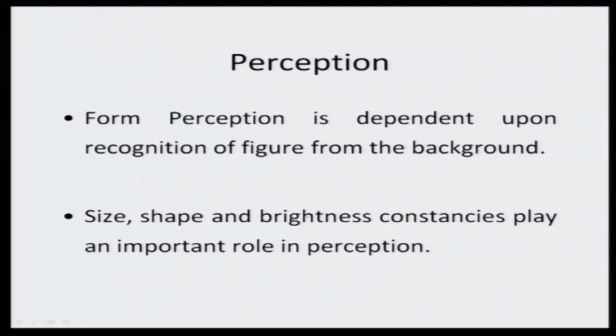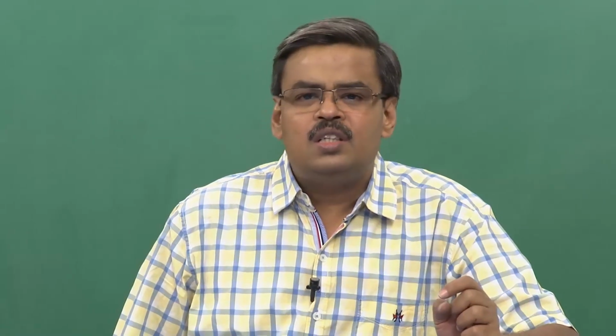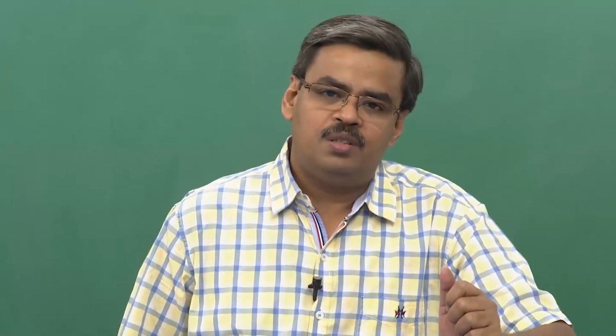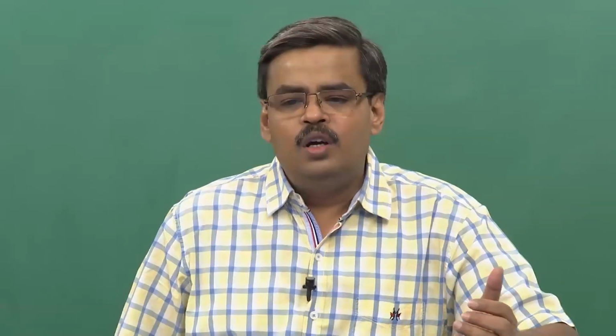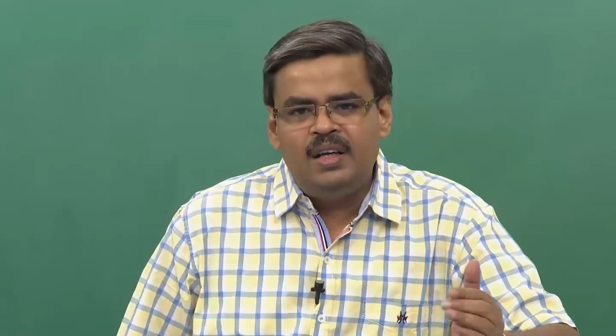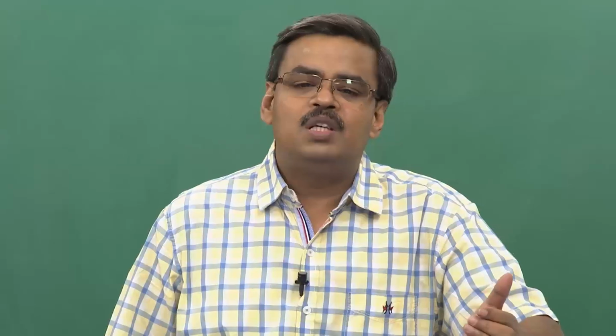Depending on the situation, the size of the object might change, the shape might change, the brightness and contrast effect might change, but as human beings we have a tendency to maintain mentally a degree of constancy in terms of shape, size and brightness, and that helps us perceive situations much better.